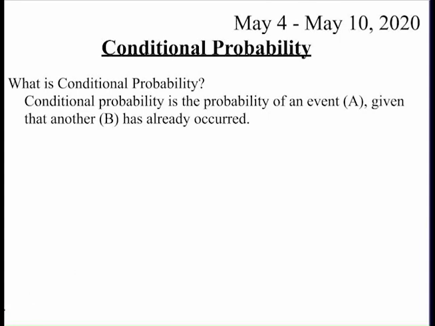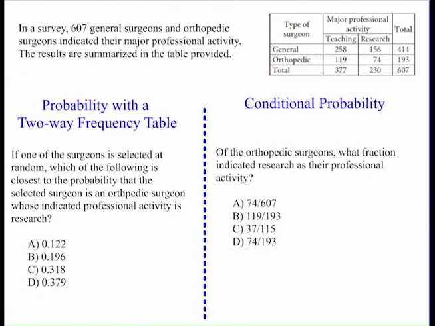So let's go on to an example. In last week's assignment, you saw this question. It said, in a survey, 607 general surgeons and orthopedic surgeons, so 607 surgeons in general, that's our grand total, indicated their major professional activities. Some surgeons get money from teaching, some from research, and those were their two general activities.